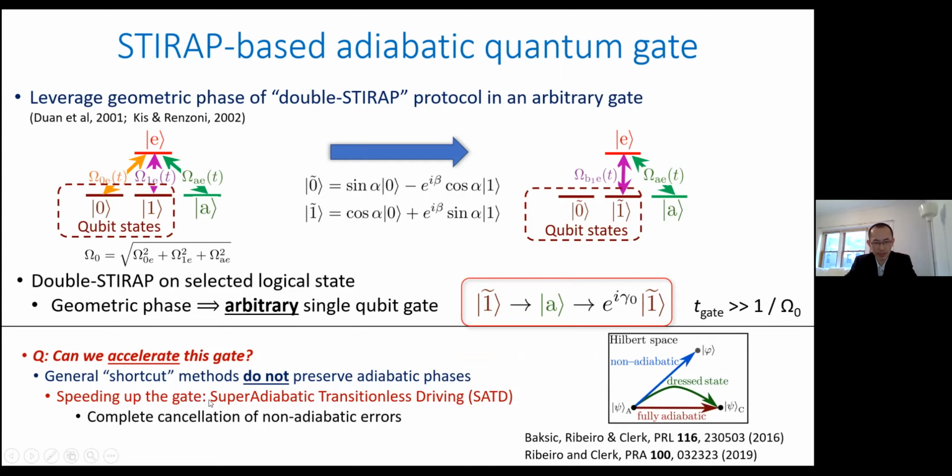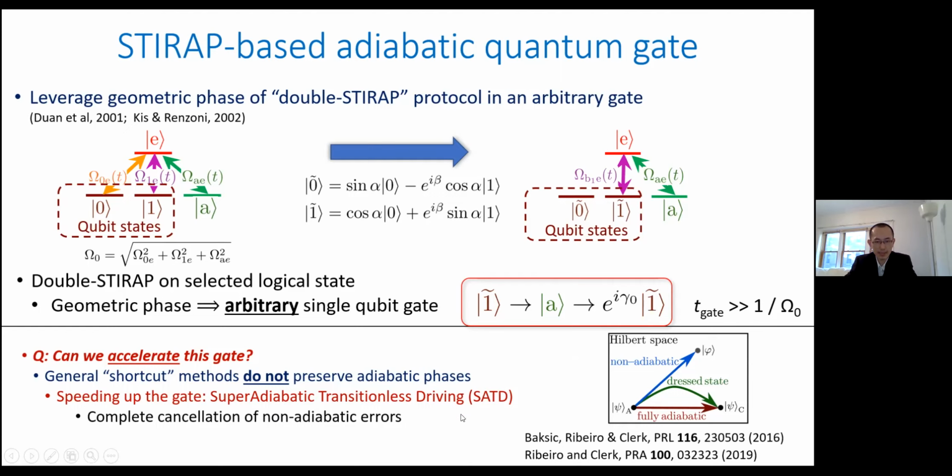However, we can use a version of shortcuts to adiabaticity called super adiabatic transitionless driving, or SATD in short. This version allows you to completely cancel the non-adiabatic errors while preserving the adiabatic phase.